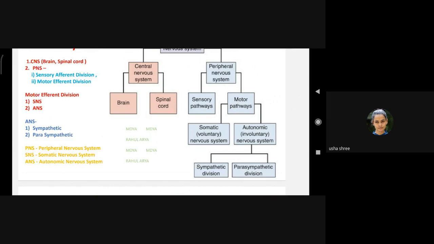In parasympathetic nervous system, in resting position, parasympathetic nervous system is activated. Means when we are resting, like now, if you people are just sitting and listening to me and seeing the slides, making your notes, that means you are in parasympathetic nervous system.